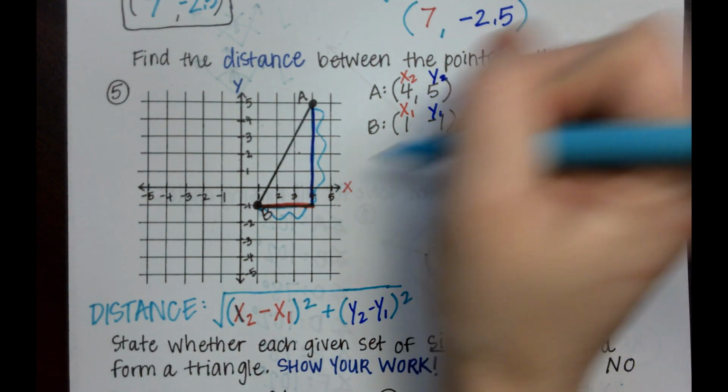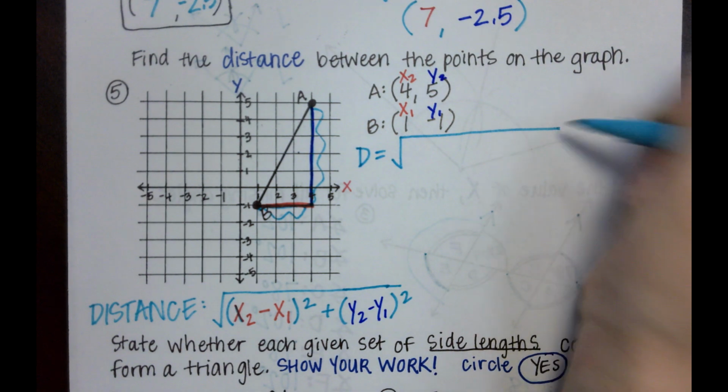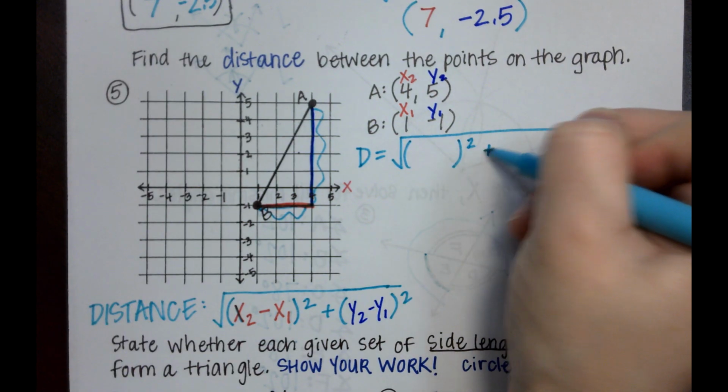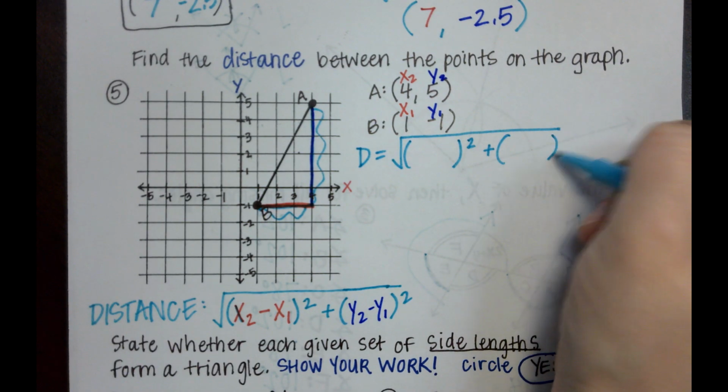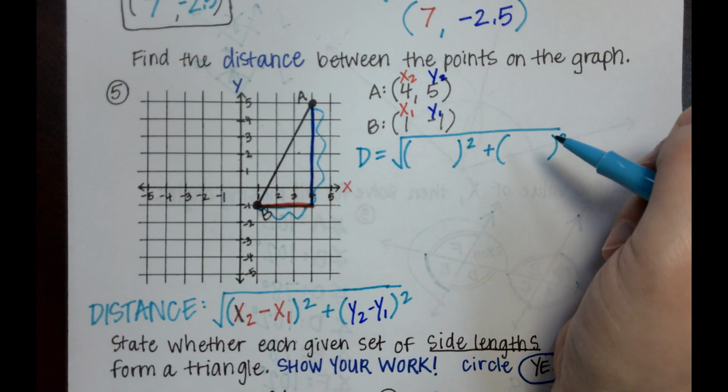So we have d equals the square root. We don't know how to do this square root of things because the radical cancels those out.